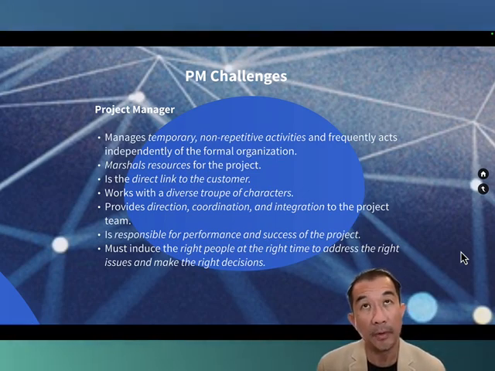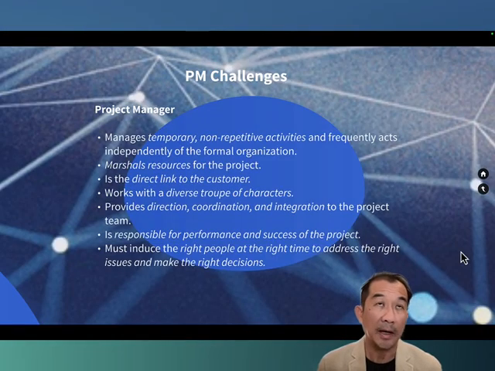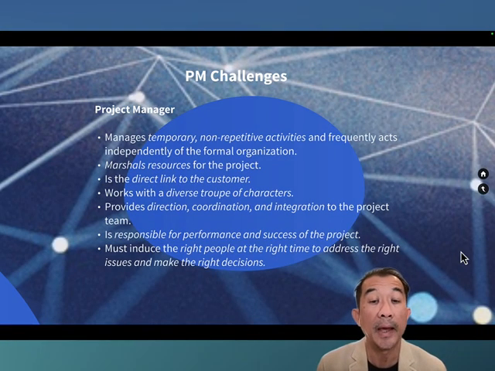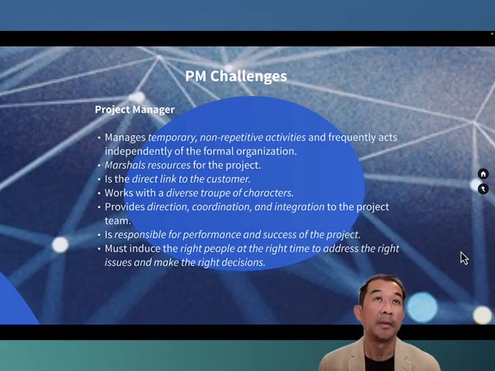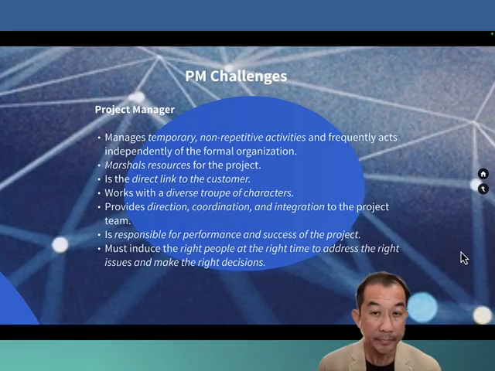To be able to work with a very diverse personality and culture of people within the team and external to the team, all the different stakeholders that are required to be involved in the project or influencing the project.